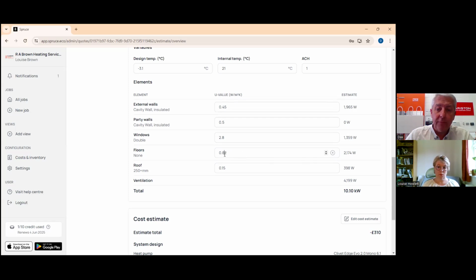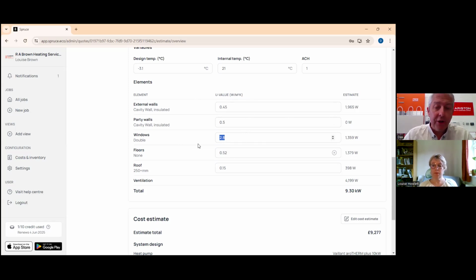In actual fact, I'm fairly certain, because your floors are well insulated, that the U value is nearer 0.5, which means that your heat loss in the floors is far less than originally quoted. And this is one of the reasons we do speak to the customer, ascertain what they've got, and get a better understanding.